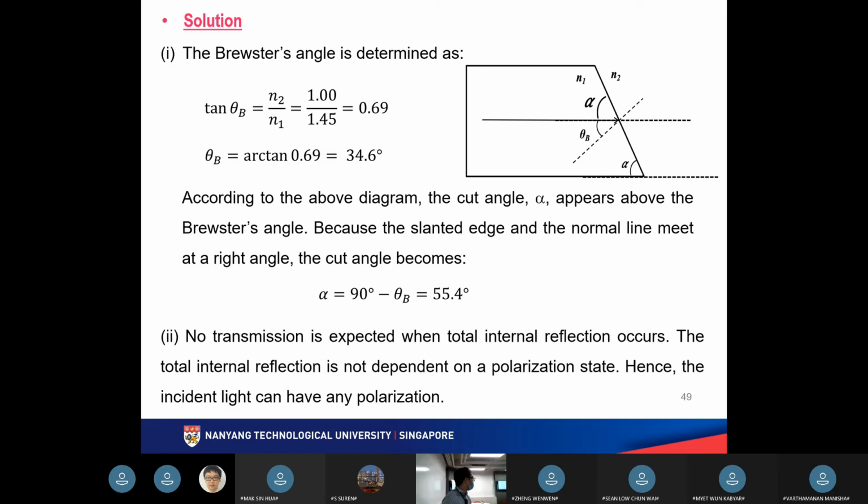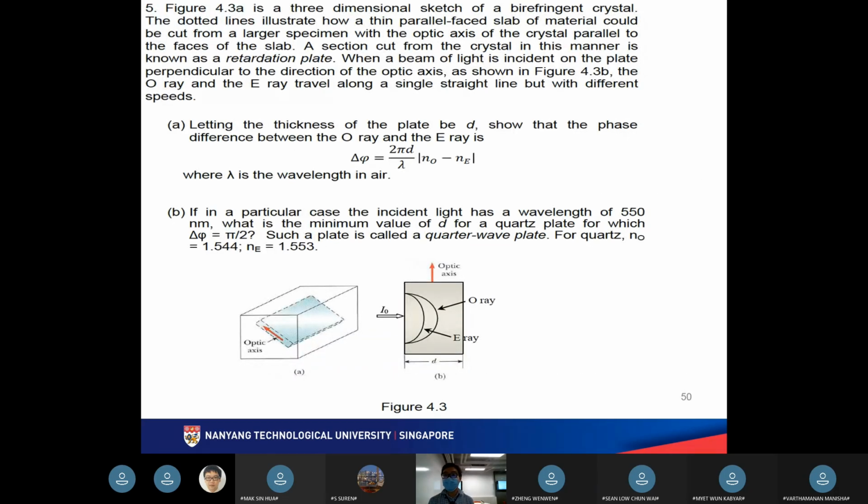Any questions? If no questions, let's look at the final one. The final one is about birefringence. So here we have a birefringence slab. Now I pass unpolarized light into this slab, so that the ordinary light and extraordinary light will see different refractive indices.